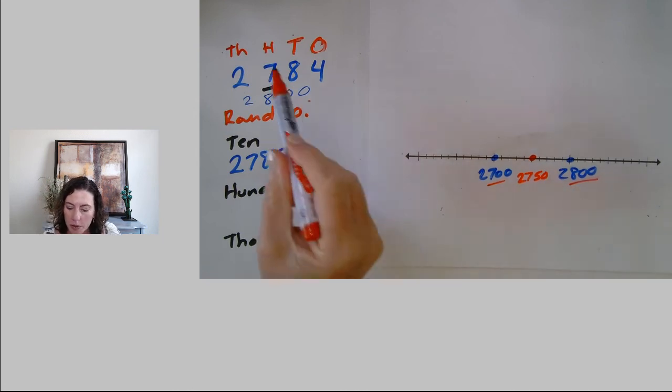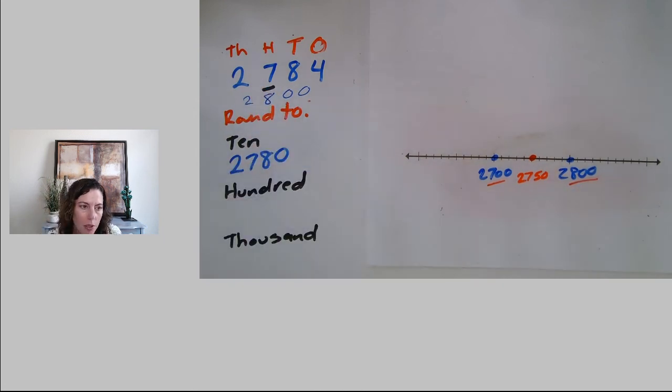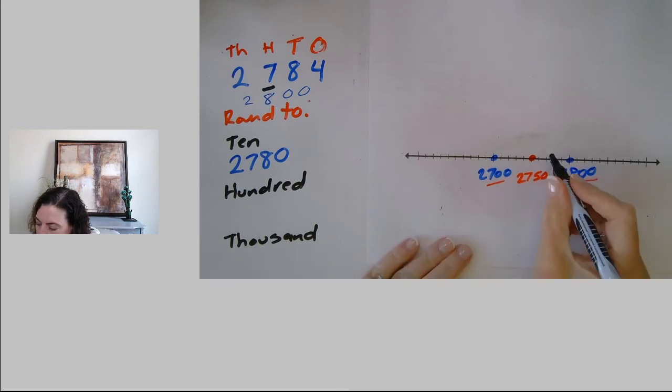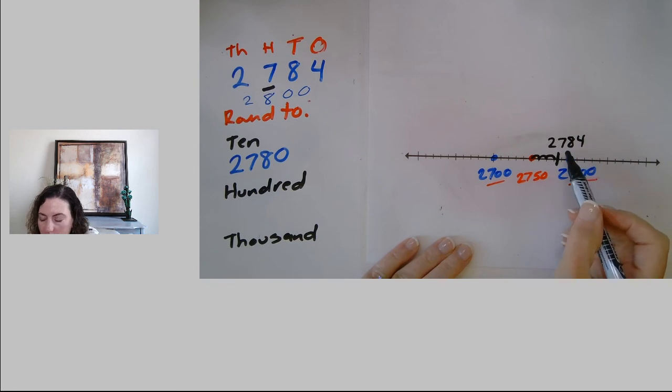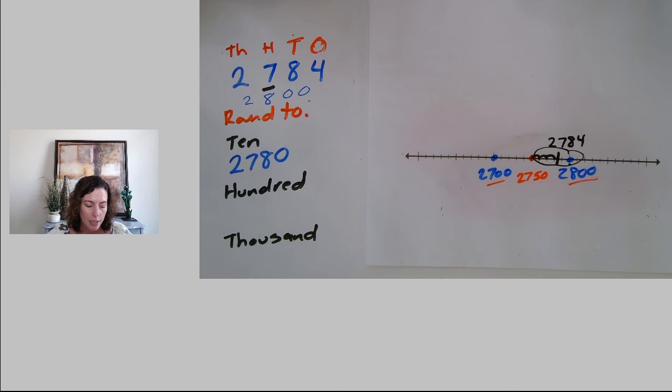So now I'm going to put my original number on my number line, 2,784, and that would go here, 50, 60, 70, 80. It would go somewhere right here, 2,784, and I can see that it's closer to 2,800. So rounding this to the nearest hundred is 2,800.